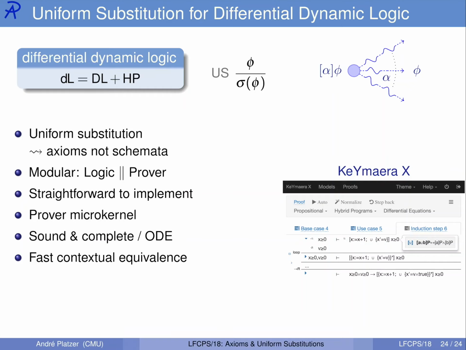This makes the logic and the prover a very modular mechanism, giving us a prover microkernel, but still retaining soundness and completeness, for example, relative to differential equations, and also enables us to do fast contextual equivalence reasoning.